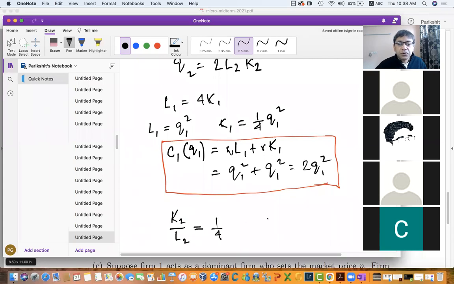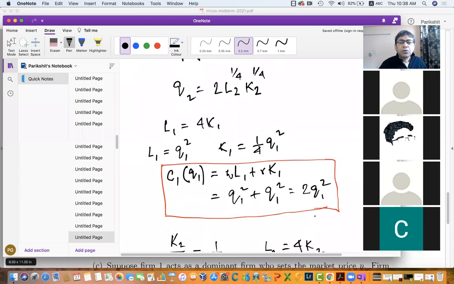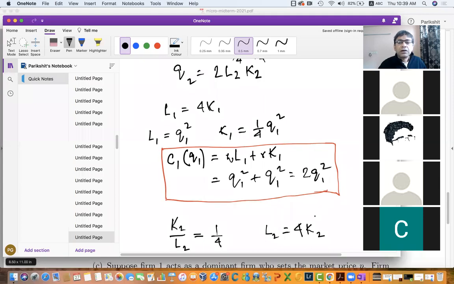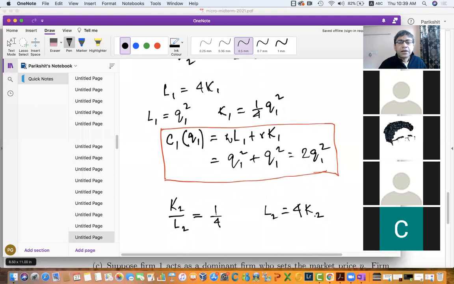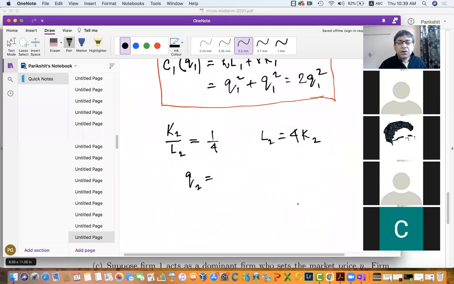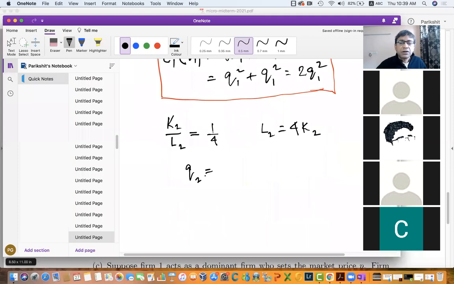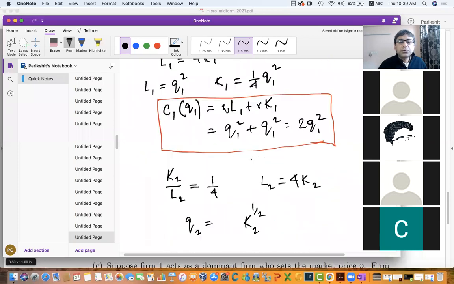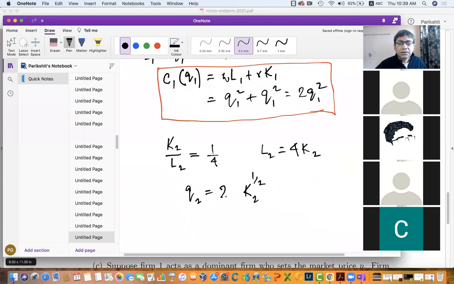Okay, so L2 is 4 times K2. And if we now throw it into the production function, Q2 equals 2 times L2 to the power 1/4, which is this to the power, so we'll have K2 to the power half, and that is 2 times square root of 2.